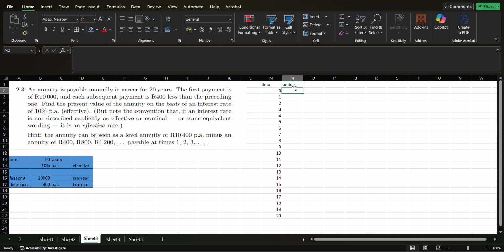There's the tedious way to do this, and there's the lazy man's way to do this. The tedious way to do this is to type in each of the individual payments. So you'll say 10,000 and then 10,000 minus 400 is 9,600. And then you'll say 9,200 and then you'll do that for all of them.